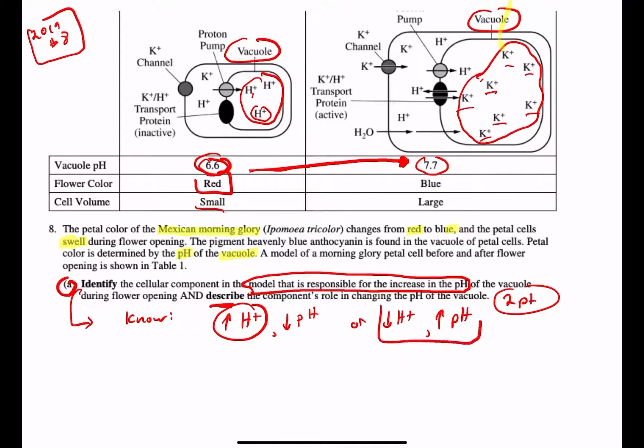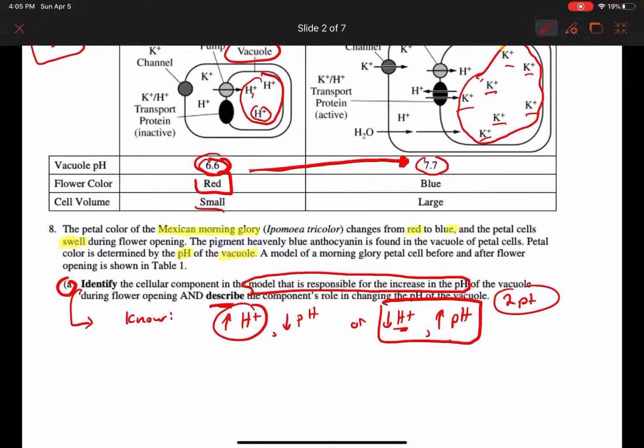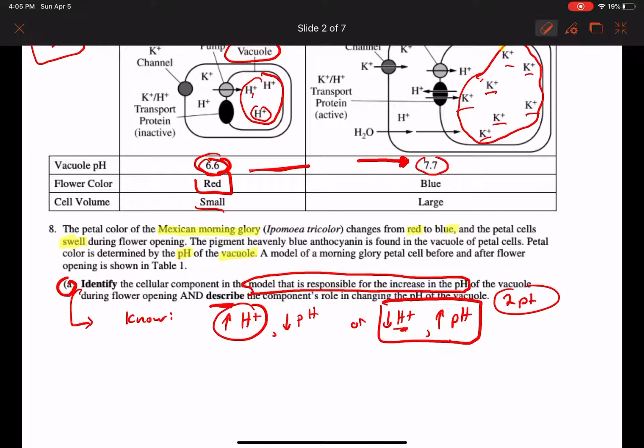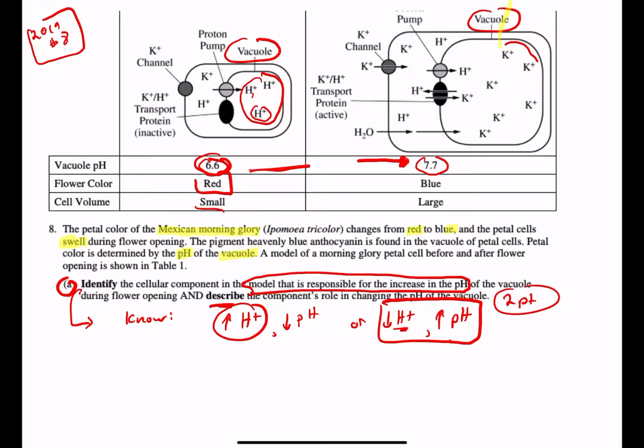So that's what your content needed. We're lowering the H plus ions, which is going to increase the pH. Now we just have to figure out what's actually allowing that to happen. I'm going to erase this a little bit to clean it up. Looking at the model, it's not anything too crazy. You just have to see what's allowing protons to move out.